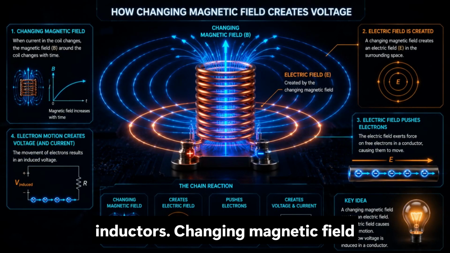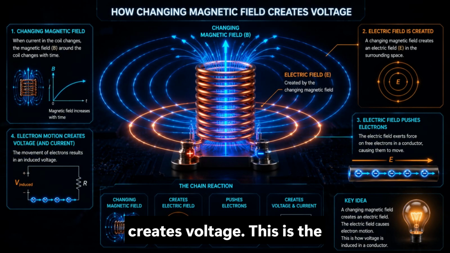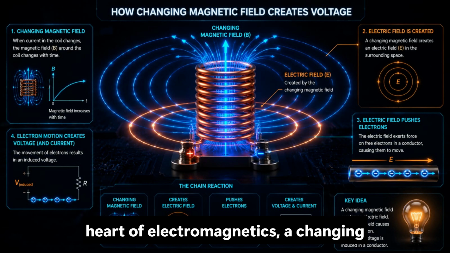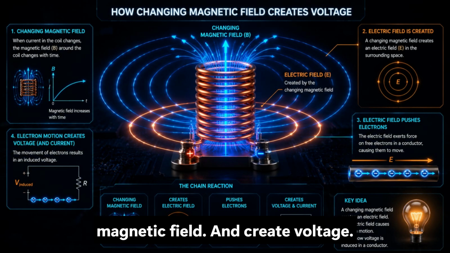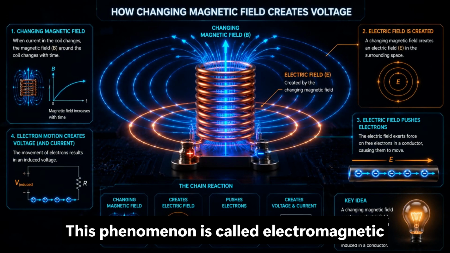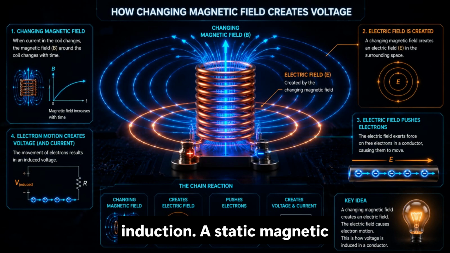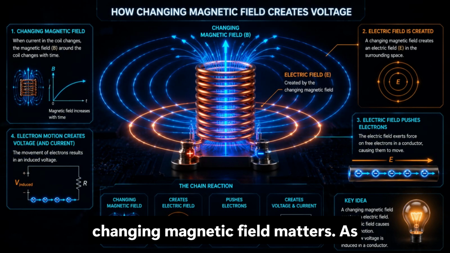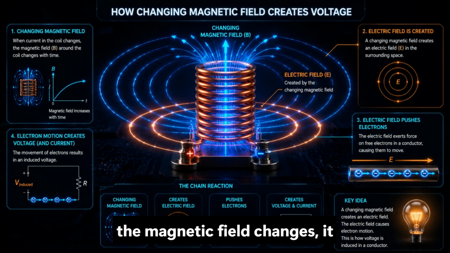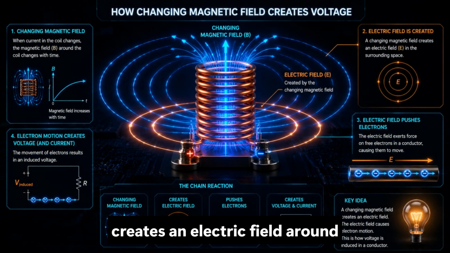Changing magnetic field creates voltage. This is the heart of electromagnetics. A changing magnetic field can create voltage. This phenomenon is called electromagnetic induction. A static magnetic field does nothing. Only a changing magnetic field matters. As the magnetic field changes, it creates an electric field around it.